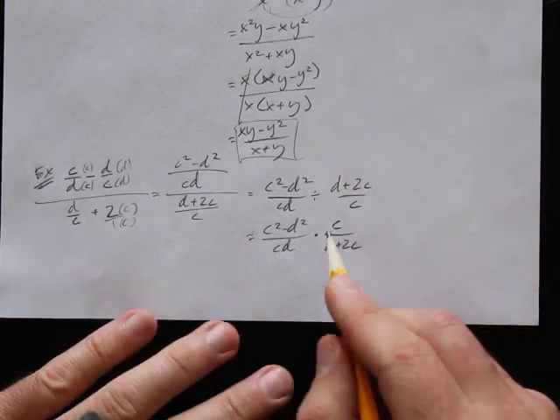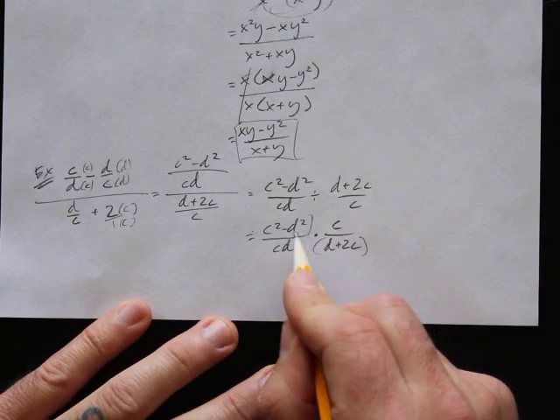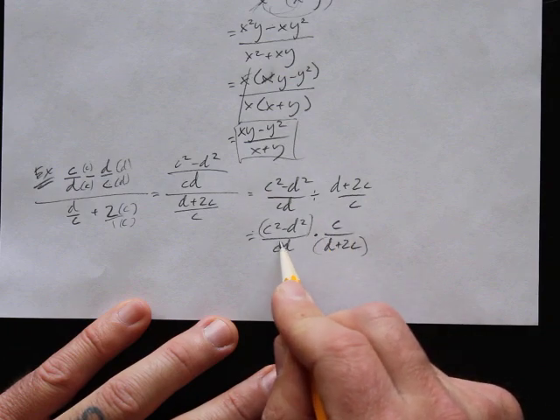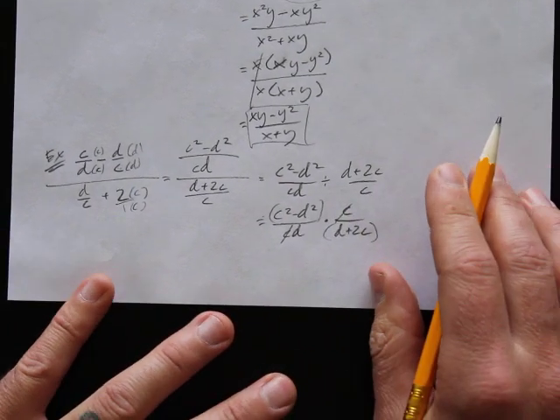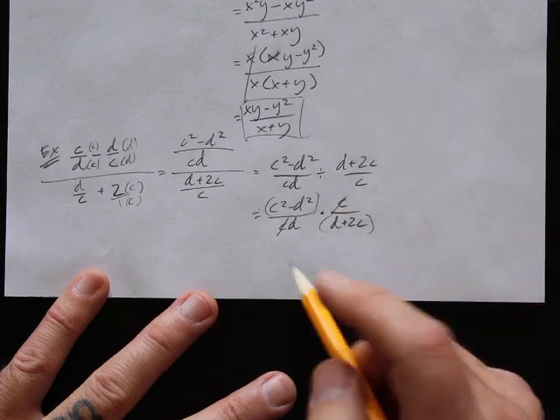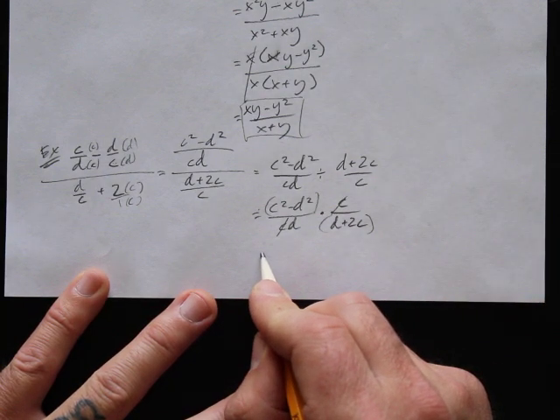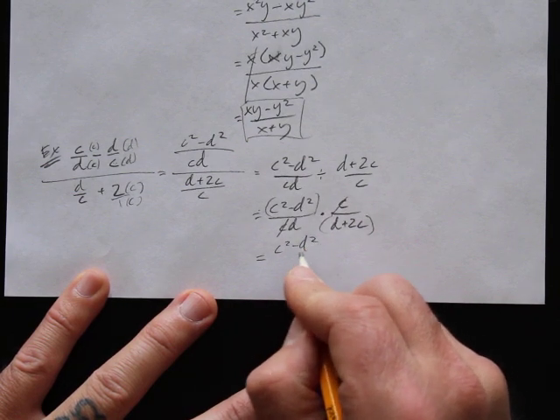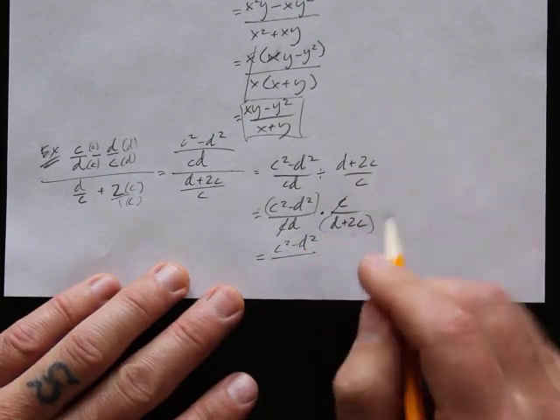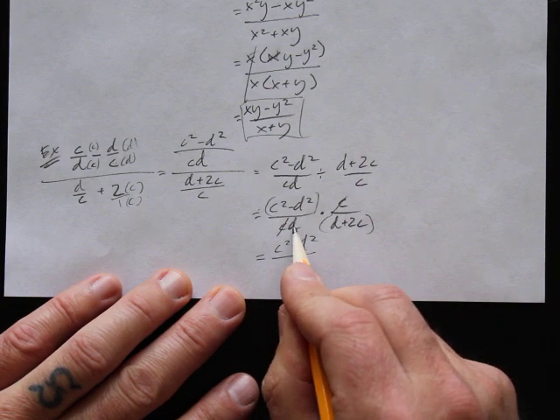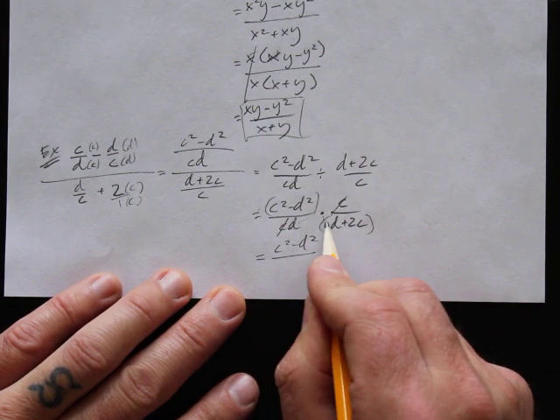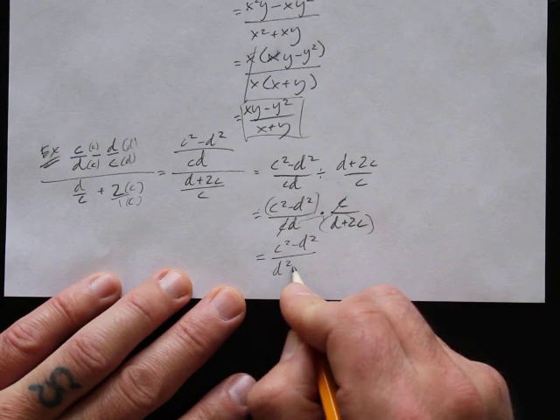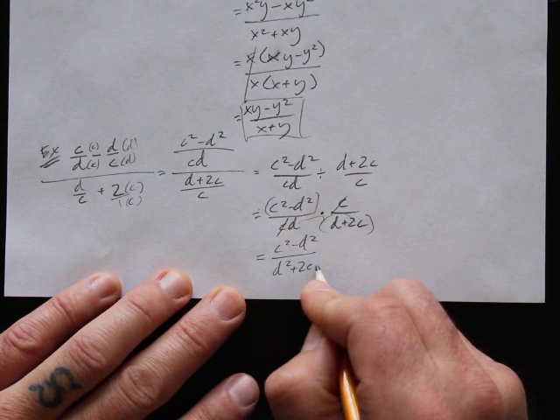At this point, I'm going to say, oh, I have these C's that are going to be multiplied. I'm going to cross those out like I should have done with those x's, just to make things a little bit easier. Now I end up with C squared minus D squared over, I'm going to distribute this D in here, so I've got D squared plus 2CD.